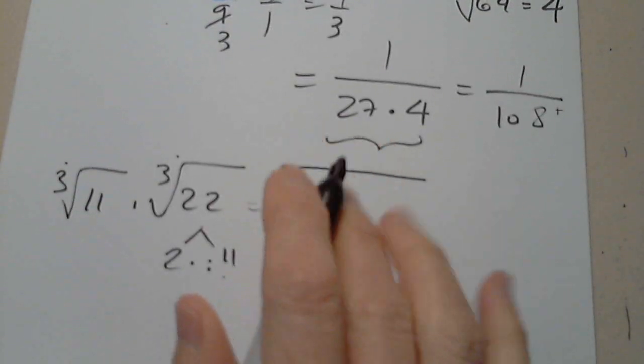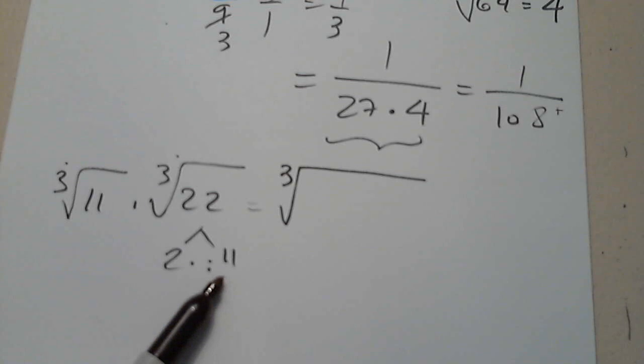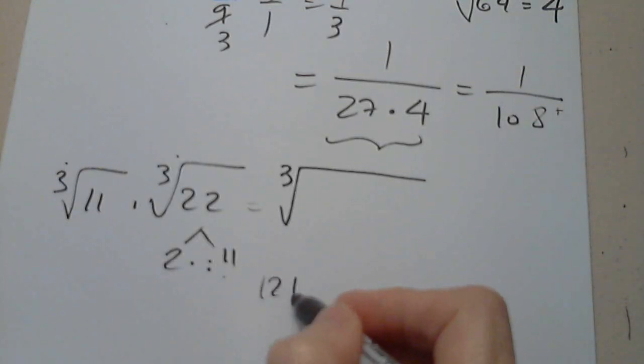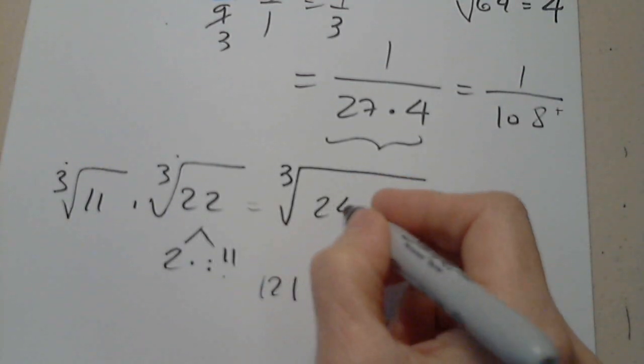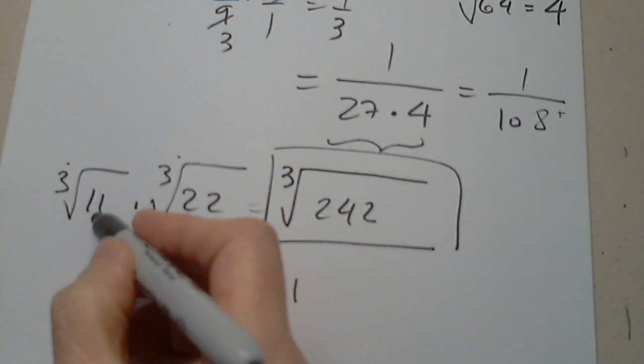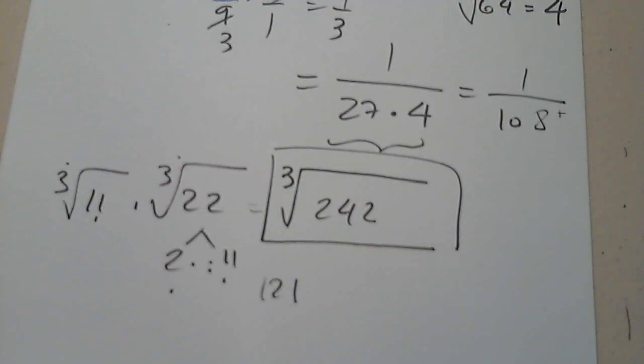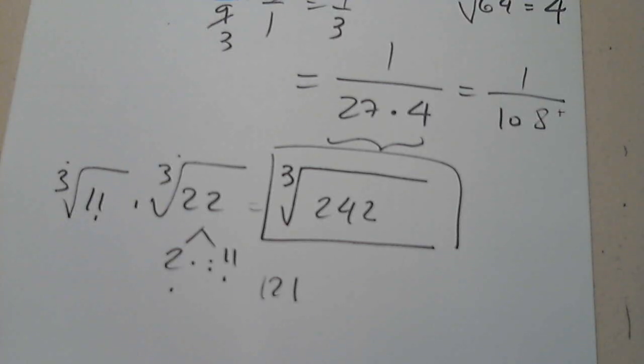Otherwise, I cannot do this. But they do have the same index. And 11 times 11 is 121. And times 2 is 242. And this is it. Because I have an 11, a 2, and an 11, and the cube root, I cannot simplify. All I have to write is the cube root of 242.